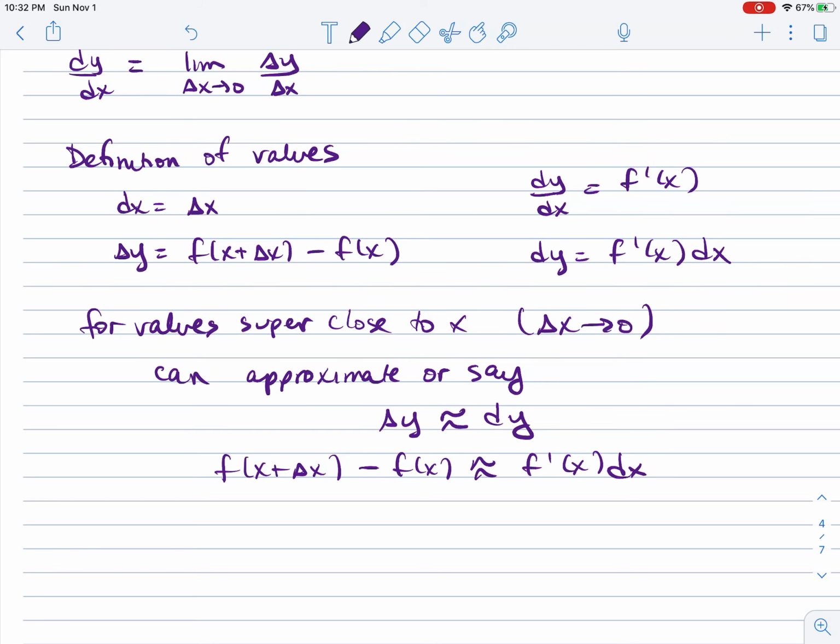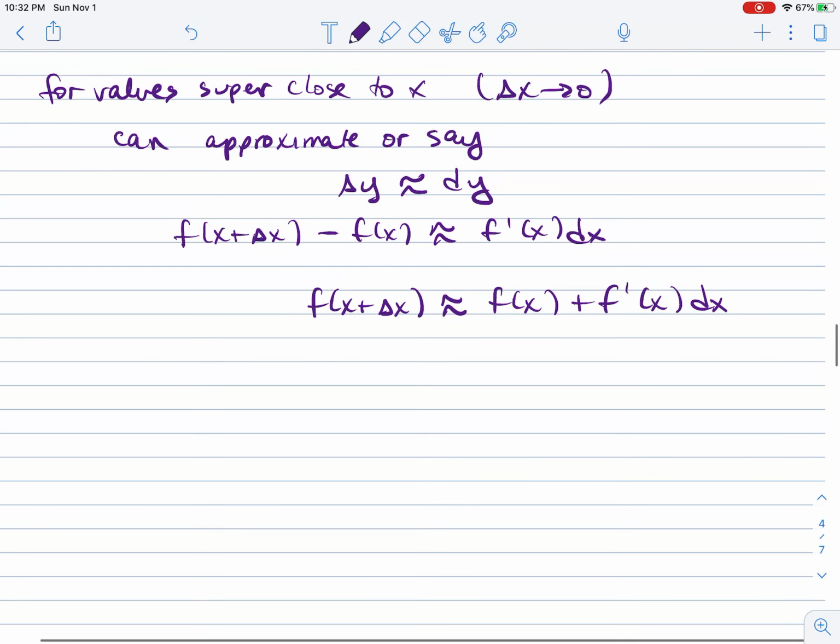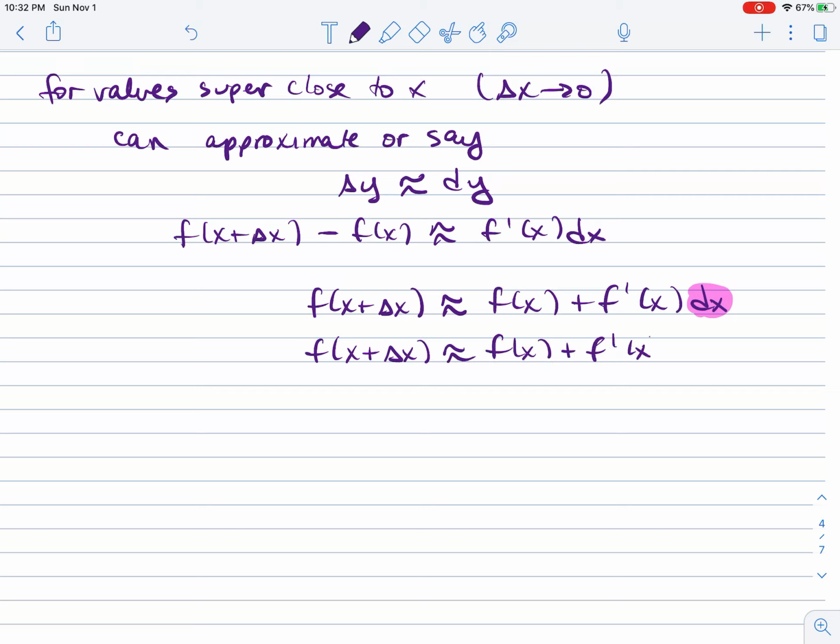So if I were to use that equation as an estimate, and whatever I want to calculate would be my f of x plus delta x, I can say that f of x plus delta x would be approximately equal to f of x plus f prime of x dx. Or, replacing dx with delta x, f of x plus delta x is approximately equal to f of x plus f prime of x times delta x.